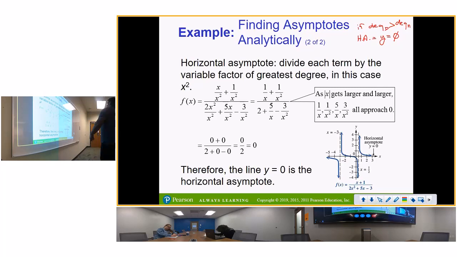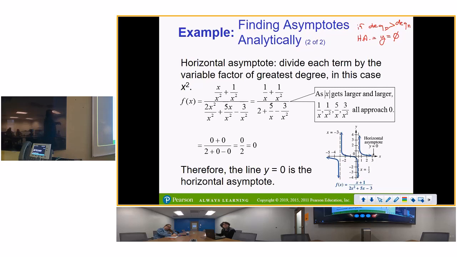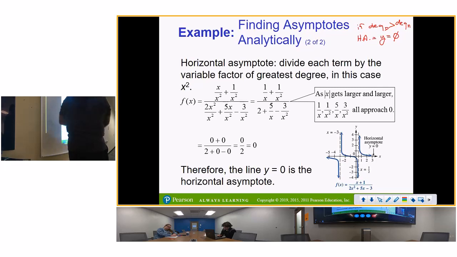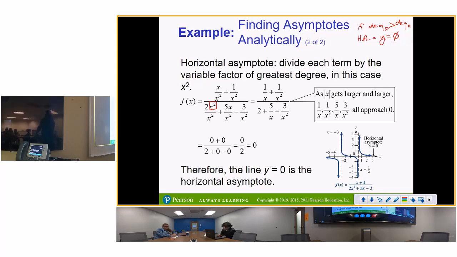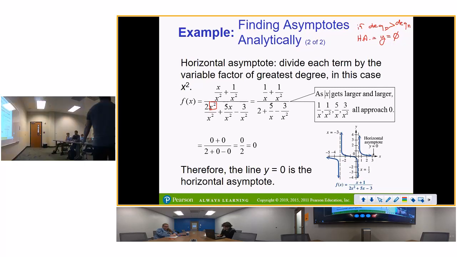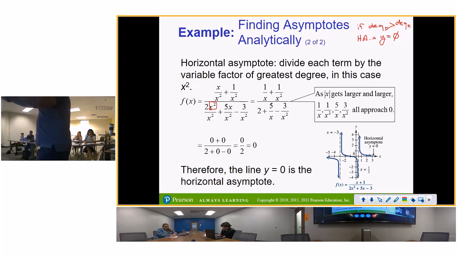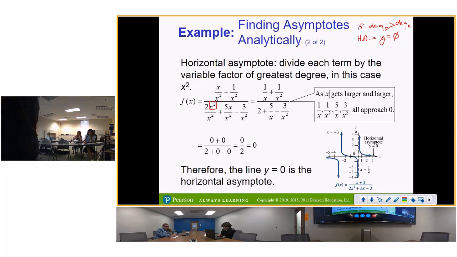Now they're going to give you that test later. How do you find it without the test? You divide everything by this guy right here. That's the highest what? Degree. It's the leading term. So you divide everything by x squared, and that gives you this.